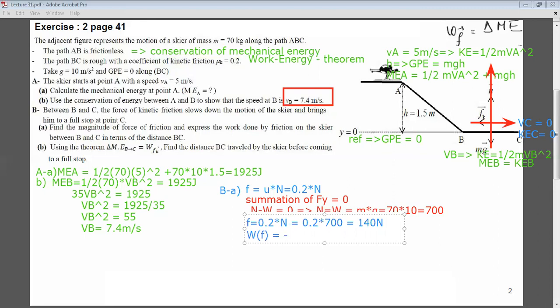So this is minus F times delta x from B to C. And I know now that my F is 140, so this is minus 140 times delta x from B to C.